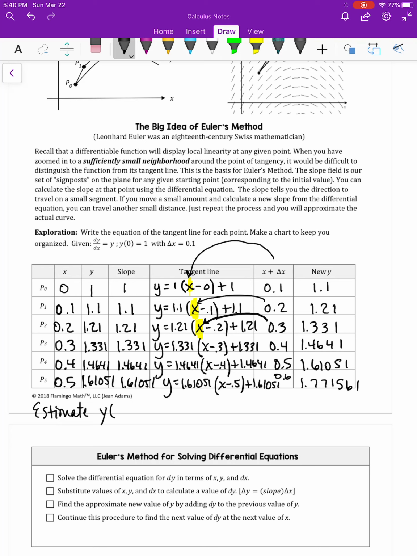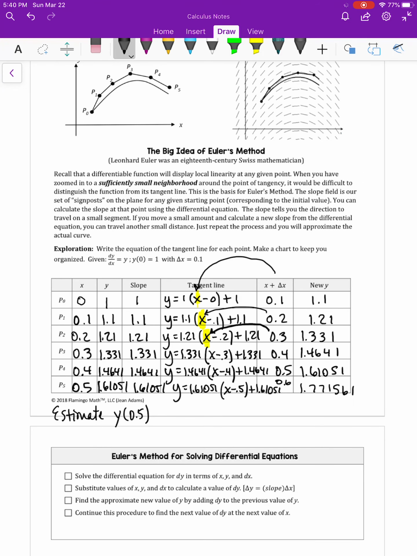Estimate y of 0.5 or y of 0.6, let's say, because we did take it all the way to 0.6. Oops, I meant to erase that. There we go.